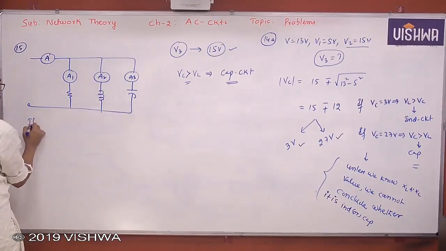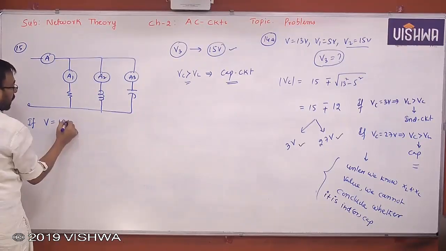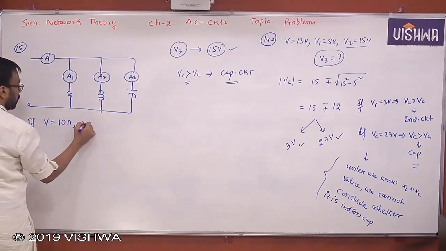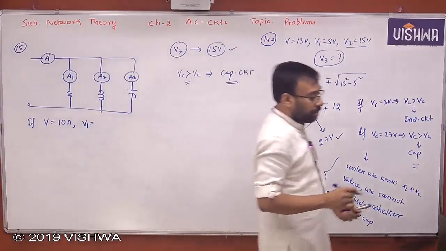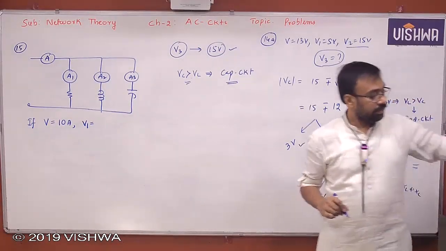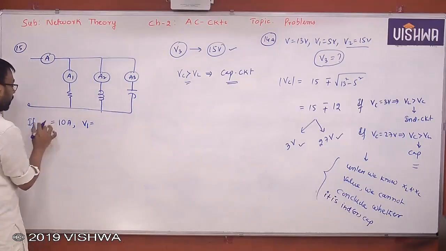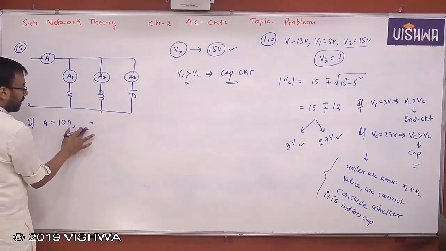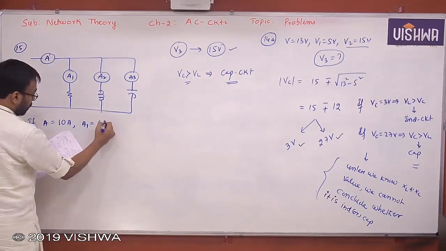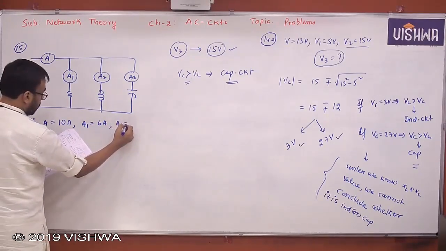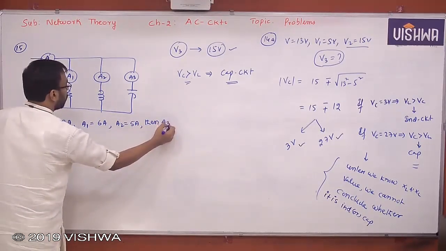If A is equal to 10 amperes, A1 is given as 6 amperes, A2 is given as 5 amperes. Then A3 is how much?